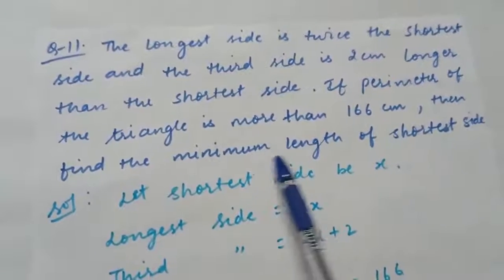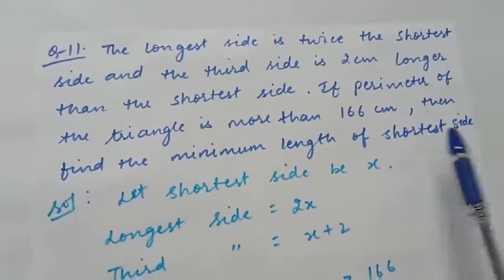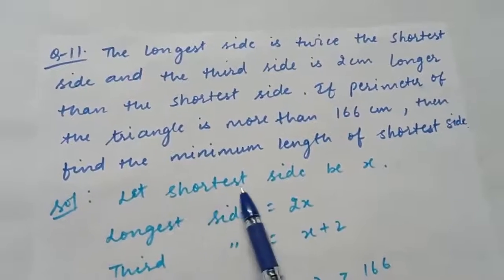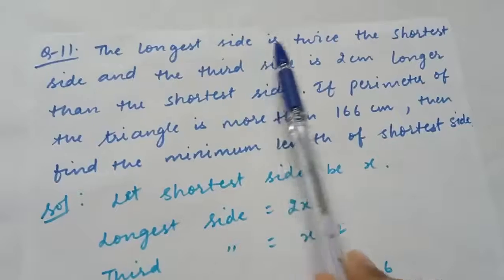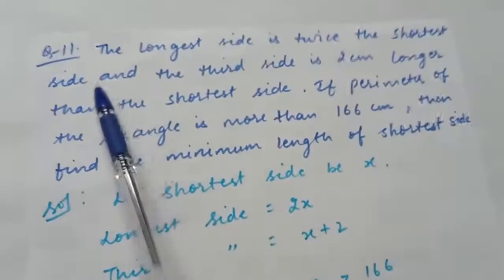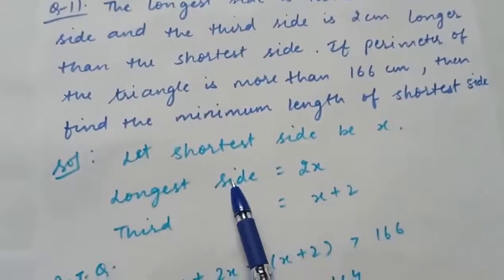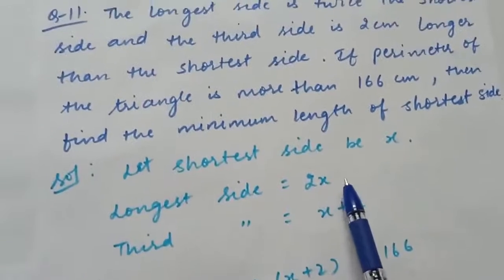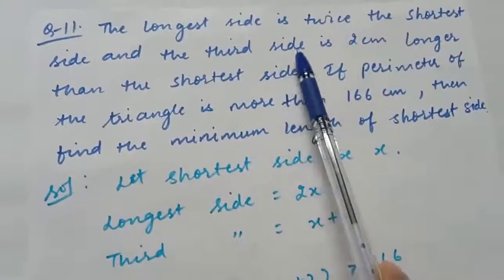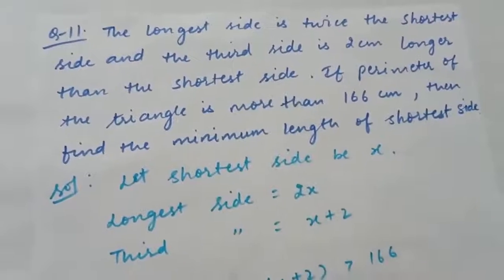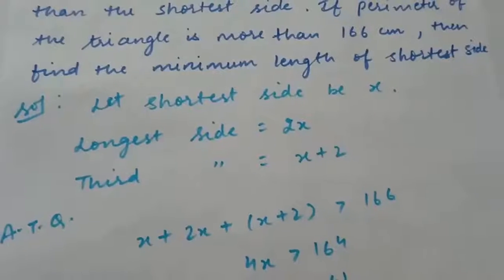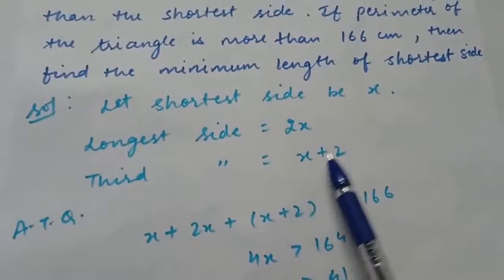So we have to find the minimum length of the shortest side. So first of all, let the shortest side be x. Now the longest side of the triangle is given as twice the shortest side. Therefore the longest side is equal to 2x, and also the third side is given as 2 centimeter longer than the shortest side. So the third side will be x + 2.